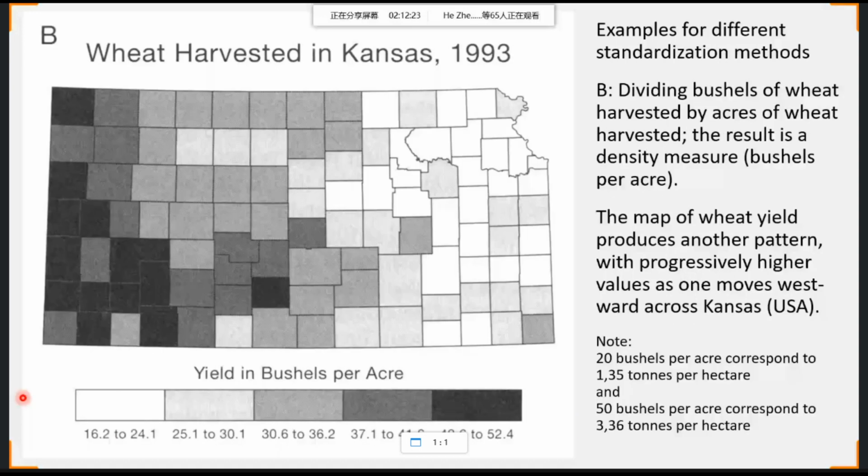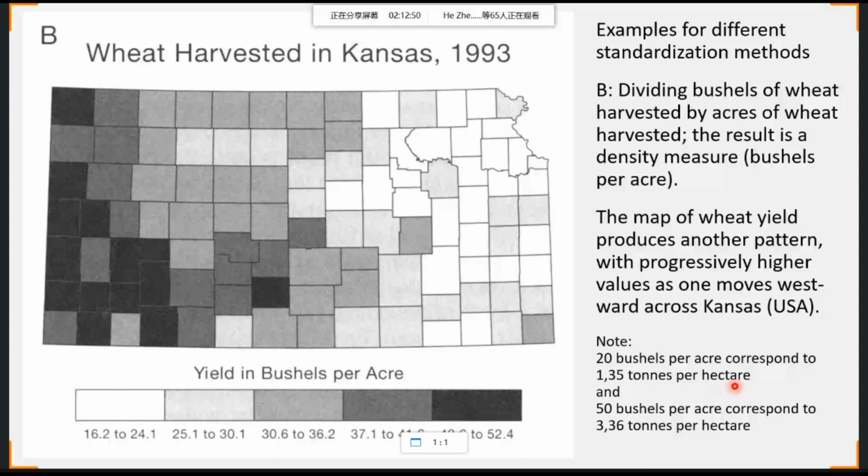Then the next example, now dividing bushels of wheat harvested by acres of wheat harvested. The result is a density measure. So you get bushels per acre. So what are bushels? Here you have information about that. 20 bushels per acre correspond to 1.35 tons per hectare.